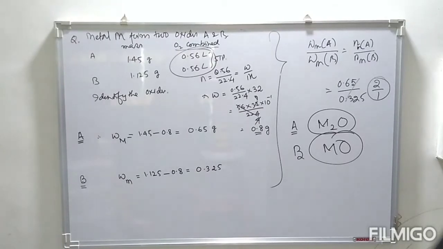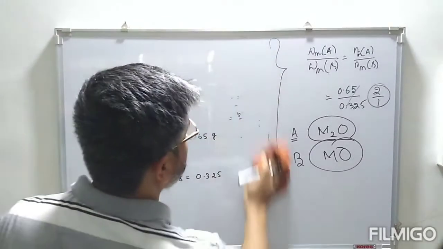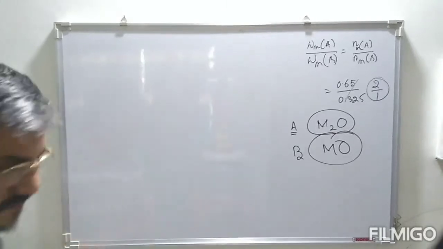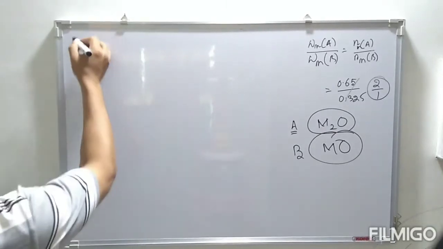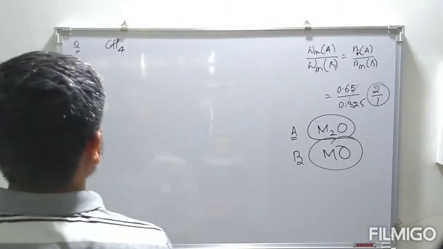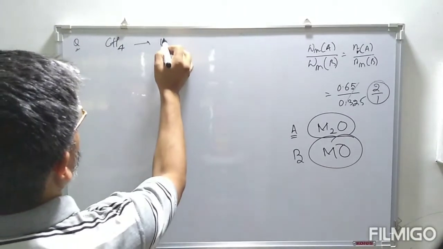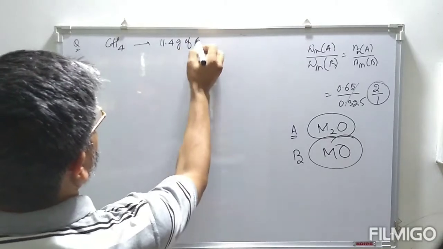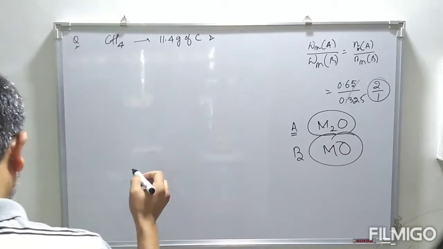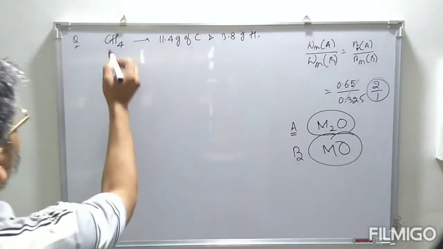So let's take one more example here. We have a sample of methane. A sample of methane contains 11.4 gram of carbon and 3.8 gram of hydrogen.